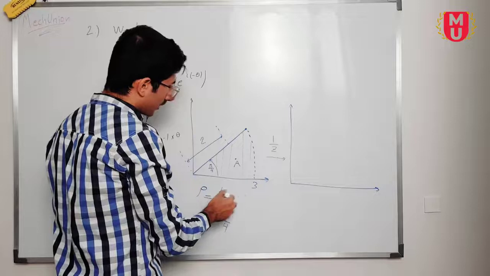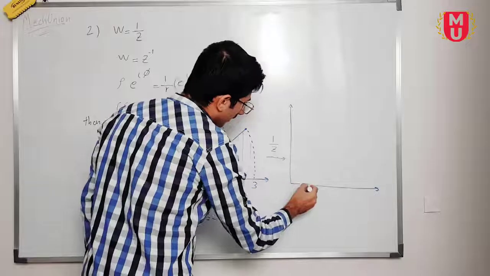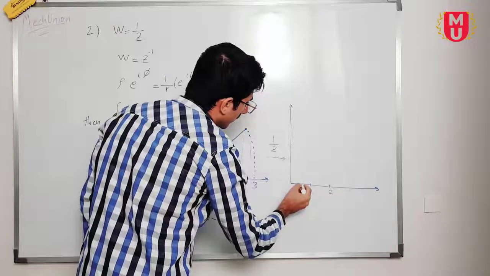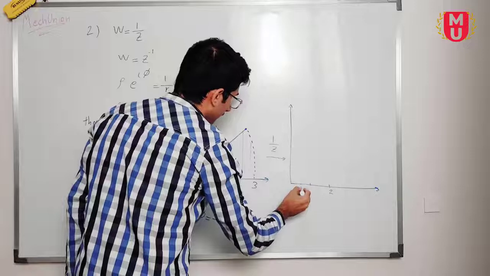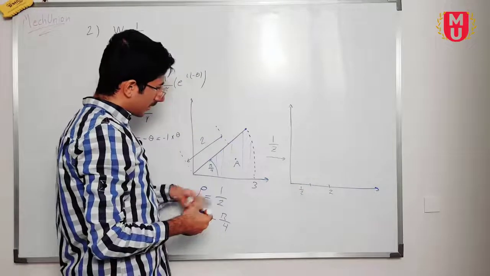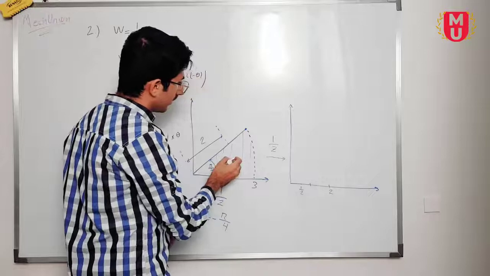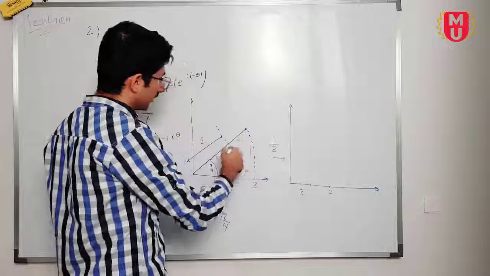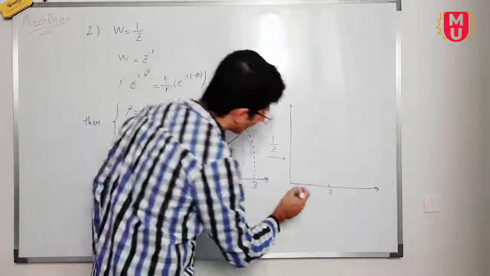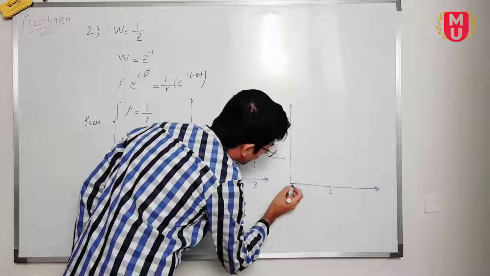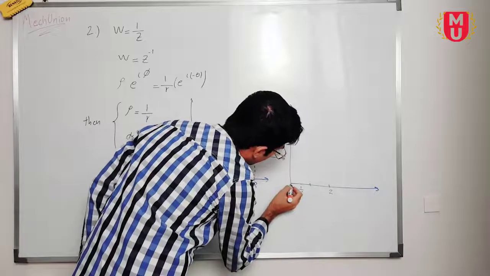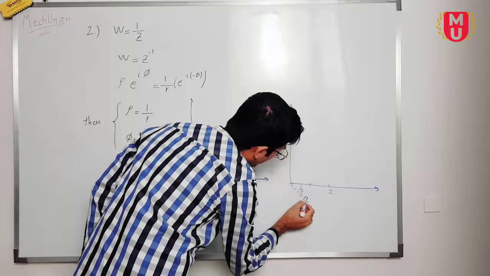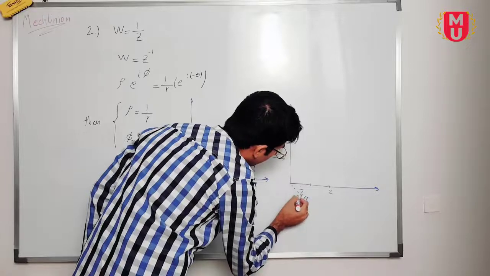Rho of 1 over 2 is somewhere like this. If we consider this 2, this is 1 over 2. If we want to see where a point of this orange region will go, 1 over 2 and angle of minus pi over 4 will be somewhere like this.